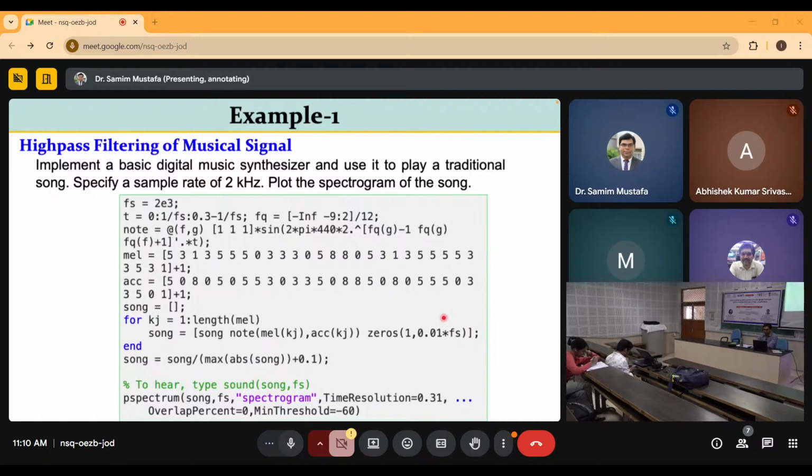All of you got the spectrum, or is there some issue?